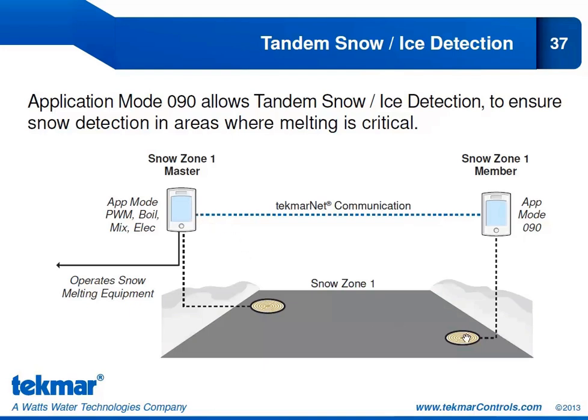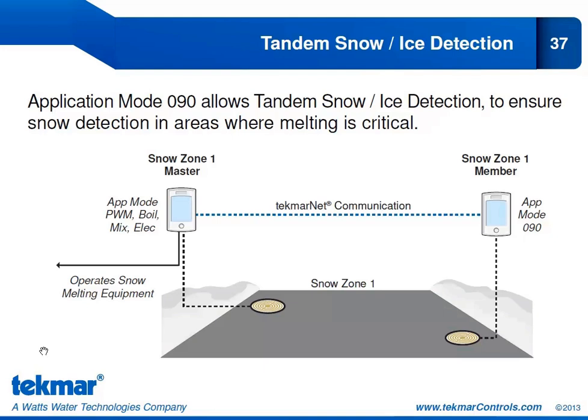Both of these sensors must be dry for a melt cycle to stop. However, a single sensor that detects moisture can trigger the melt cycle to begin. Both of the slab temperatures are used, so the master control is going to average the slab temperature of both of those slab sensors.